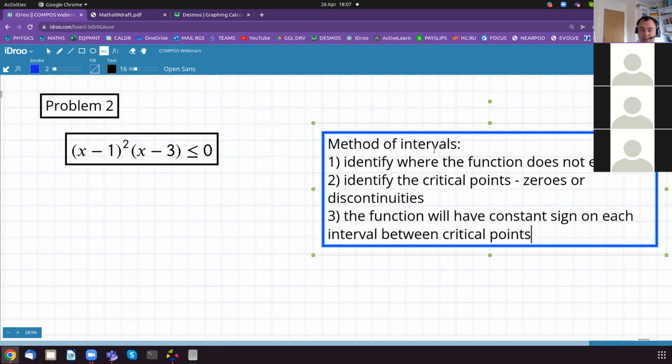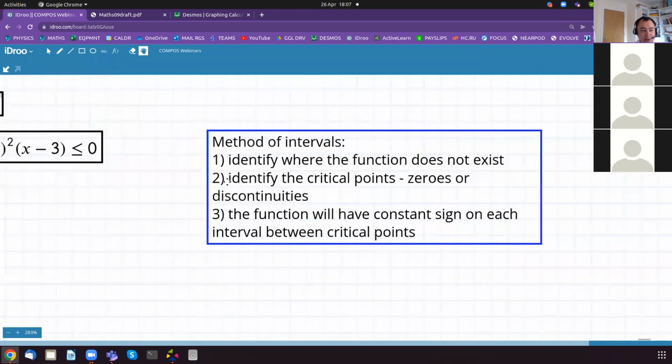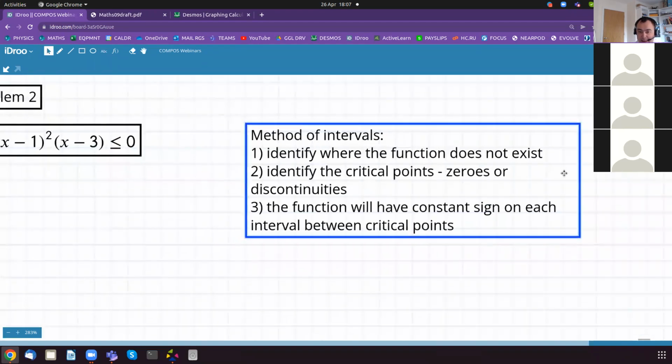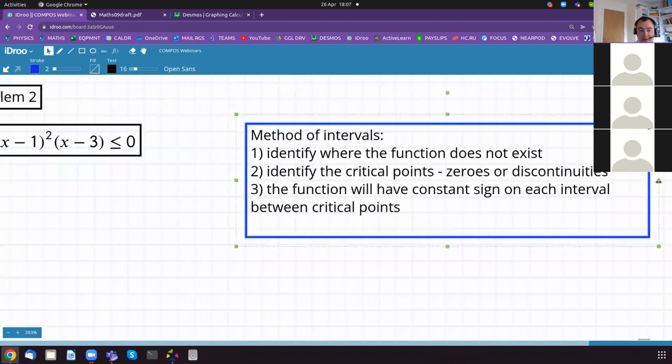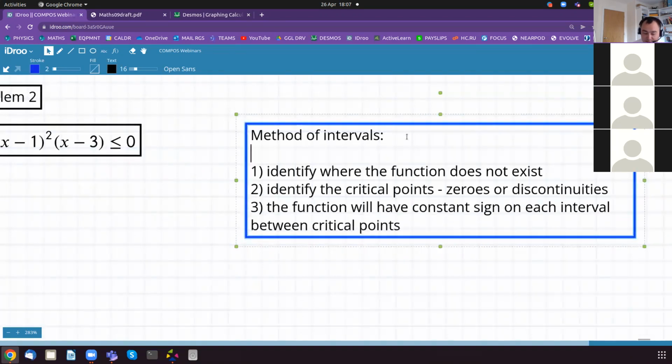Okay, this is a rough, not a set in stone instruction. We'll just follow this. Of course, there is step 0. Step 0 is write the inequality as f of x is less than 0 or f of x is greater than 0.